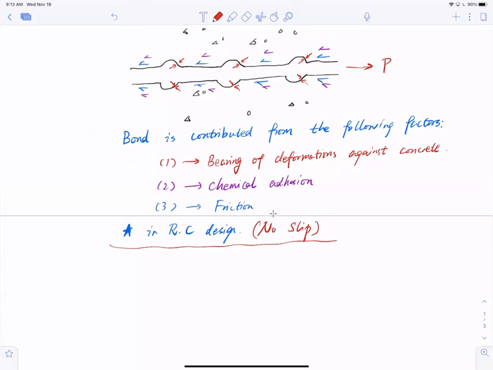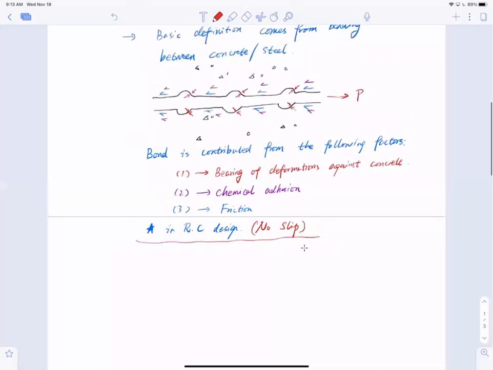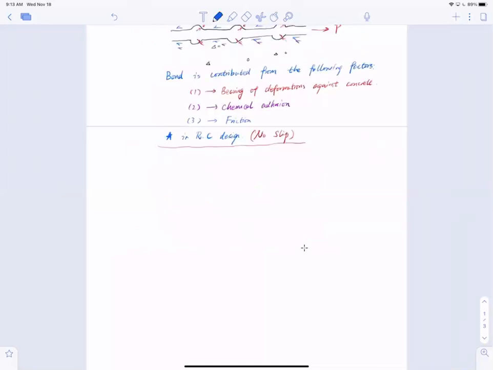All right, so this is the bond stress. Now if this is the bond stress, imagine I have a situation, for example, I have a column, and I have a cantilever beam joining the column here.